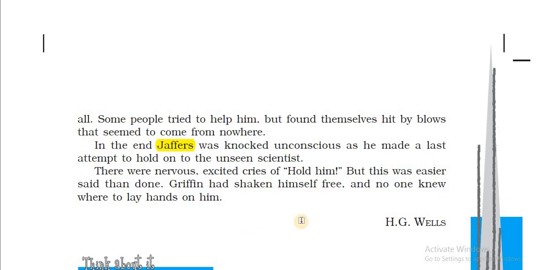It was easy to say, but very difficult to do because Griffin was now invisible. Now no one knew where Griffin was and he was free.